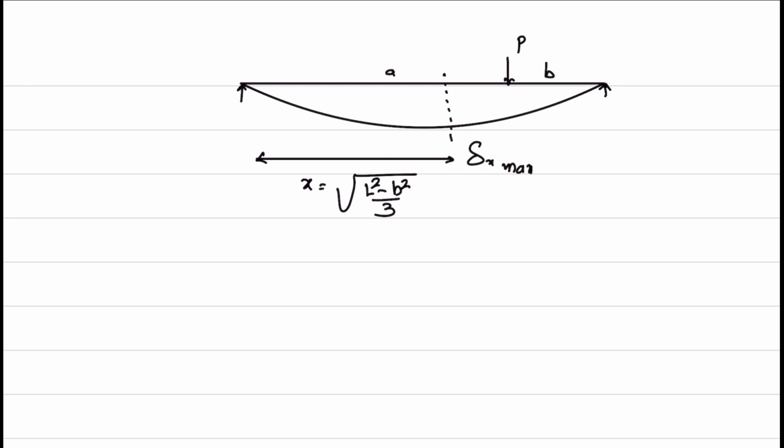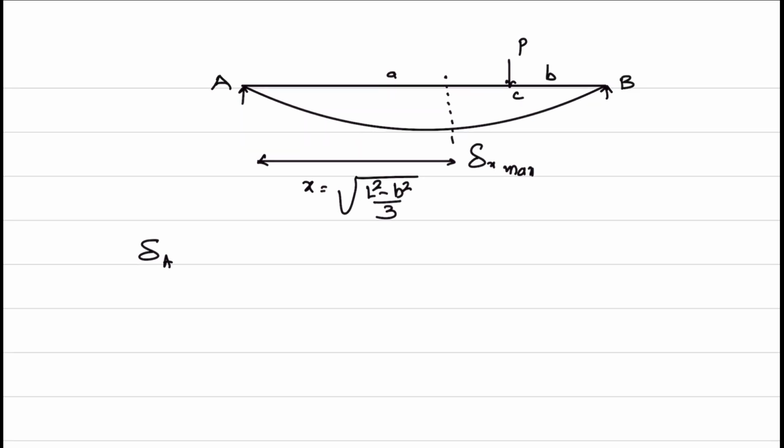And the maximum deflection is not maximum under the load. There will be a question: when P is the point load, where will be the maximum? Whether the maximum is at the support? No. Is the maximum at the other support? No. This is A, this is B, this is C, this is D. Delta A is equal to 0.